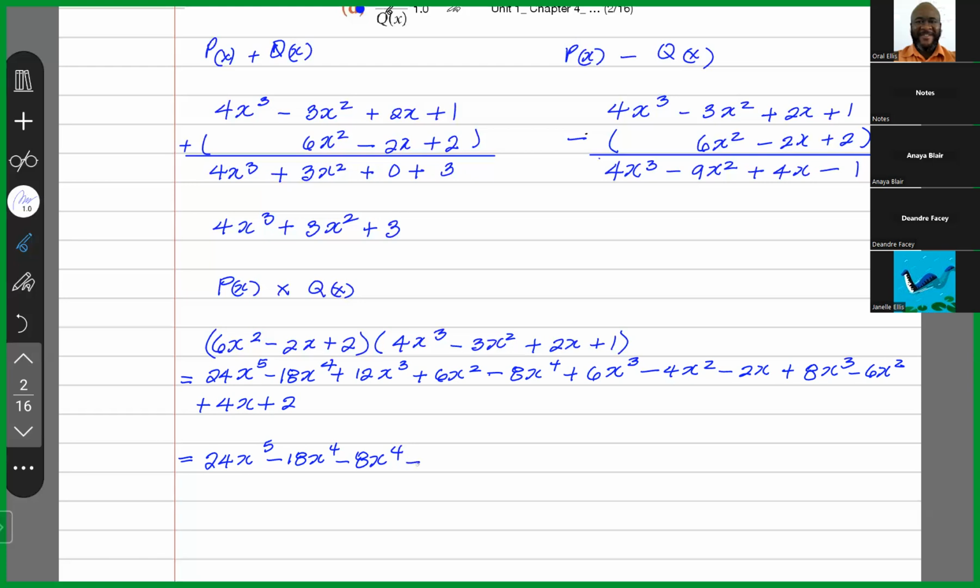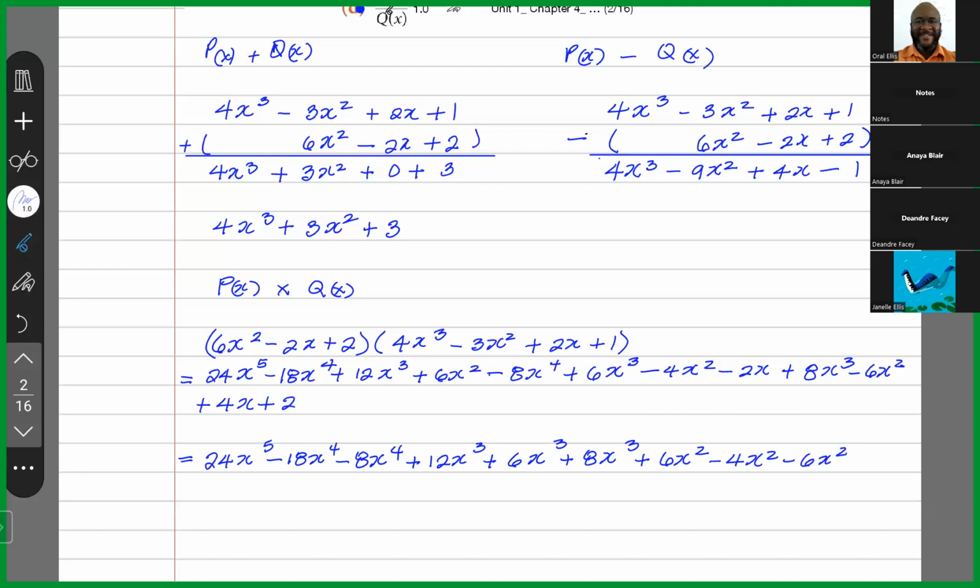Move on to plus 12x cubed, then plus 6x cubed, then plus 8x cubed. No other term in x cubed. Then I move to x squared: plus 6x squared, minus 4x squared, minus 6x squared.